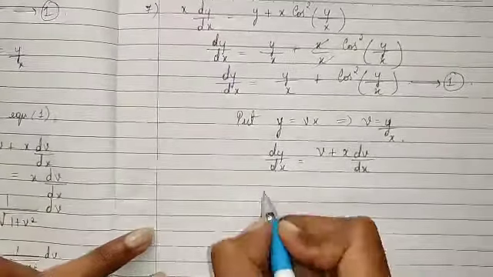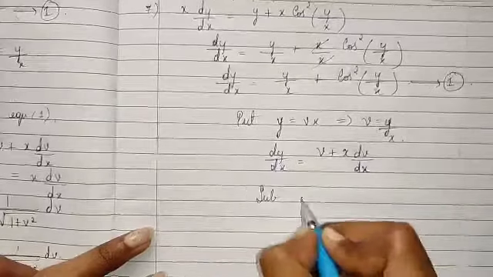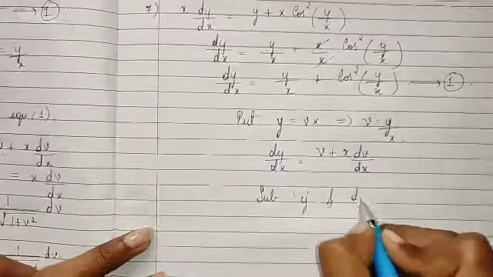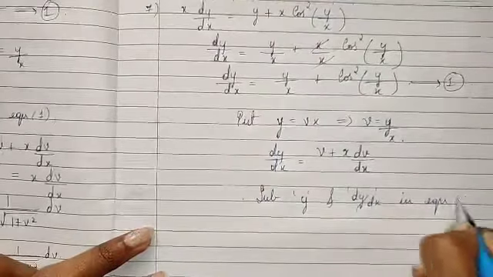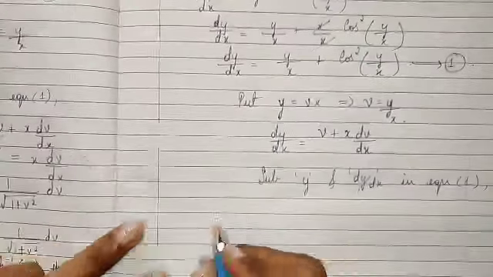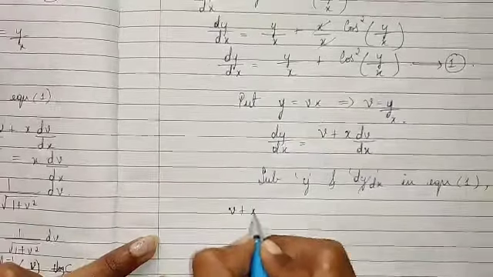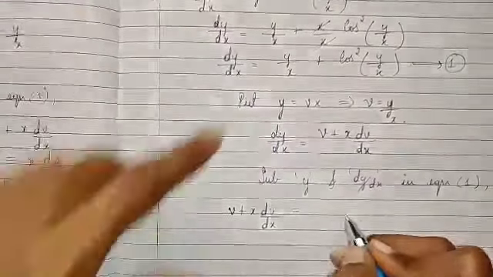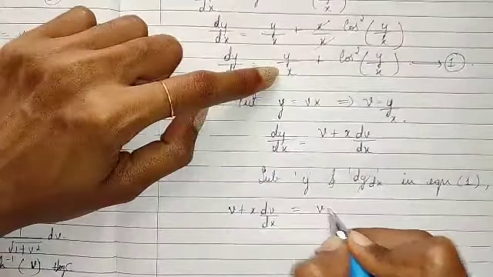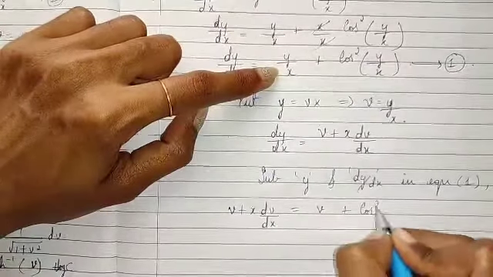Now substituting the values of y and dy by dx in equation 1, what do we get? Yes, we have v plus x into dv by dx in the place of dy by dx. y by x is nothing but v, plus cos square of y by x is again v.